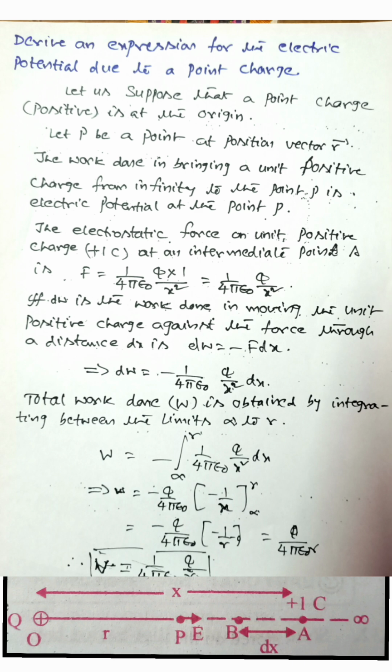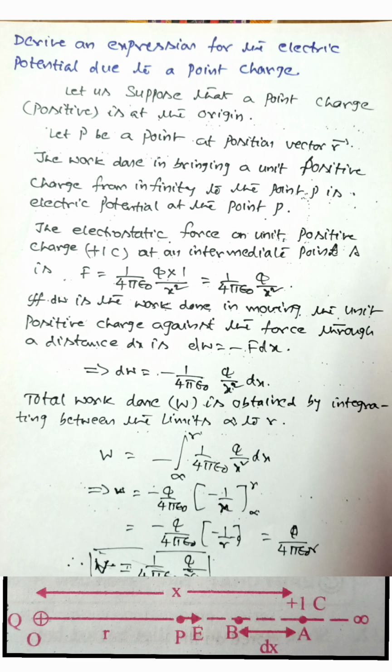Therefore, the total work done W is obtained by integrating between the limits infinity to r. W is equal to minus integral from infinity to r of 1 by 4 pi epsilon naught into Q by x square dx. That implies W is equal to minus Q by 4 pi epsilon naught into minus 1 by x within the limits infinity to r.